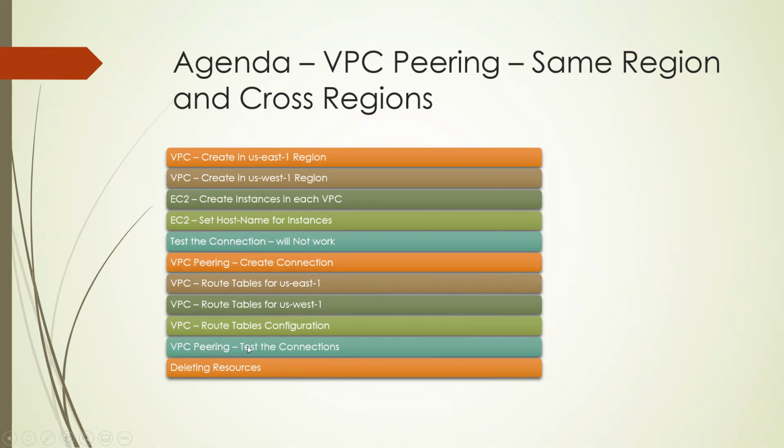So it means we are able to access an instance from one region to another region, or from one VPC to another VPC. After successfully testing, we will go and delete all those resources. So we will discuss here how to delete all those resources.